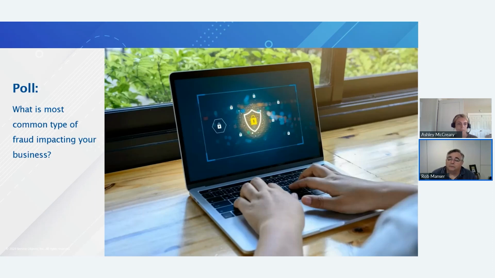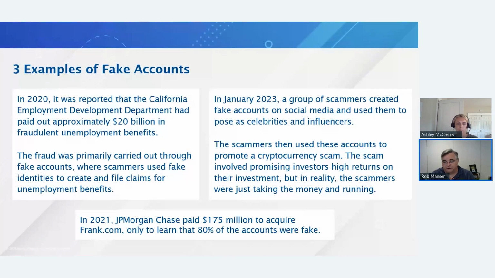Like we talked about at the beginning, fake accounts are the foundation of fraud. Good accounts are obviously great, but fake accounts are where fraud starts for the most part. I pulled out 3 examples of recent fake accounts and what their impacts have been in different business environments. One is the California unemployment insurance program. During COVID, they put out a bunch of these programs to get more money in the hands of people in need.